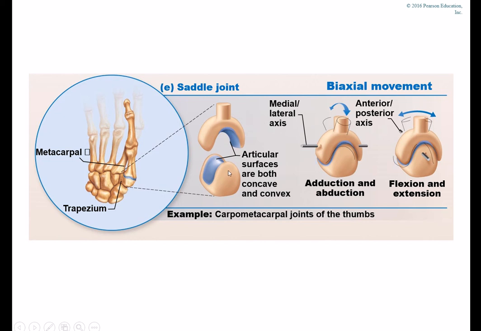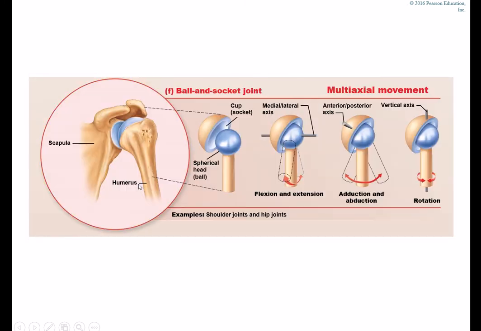So here's the saddle, here's the horse. The saddle is the concave surface, the horse is the convex surface, and the saddle goes on the horse. So they're also going to do medial lateral and anterior posterior axes. And you can see the carpometacarpal joint of the thumb is a great example of a saddle joint.